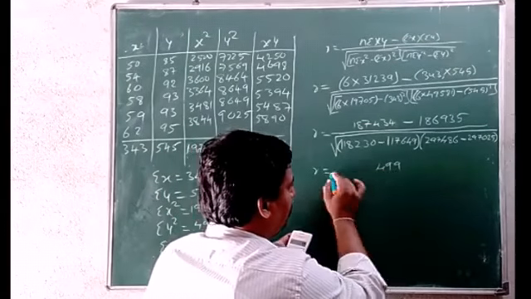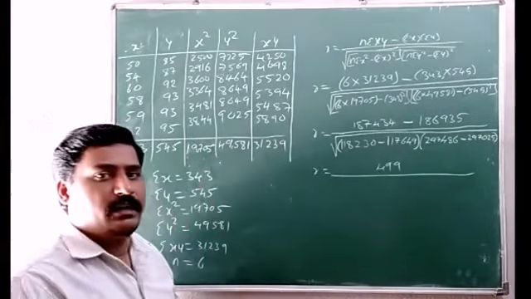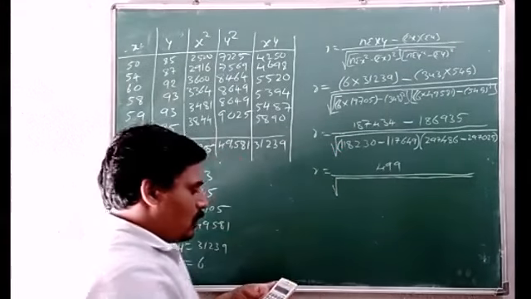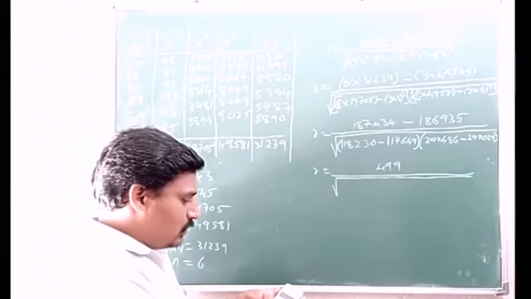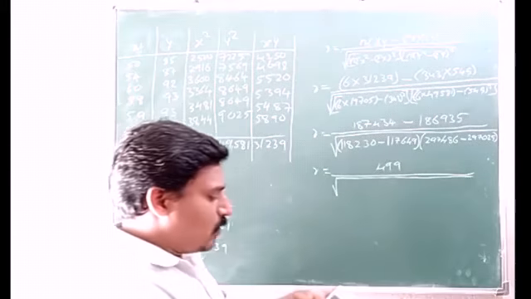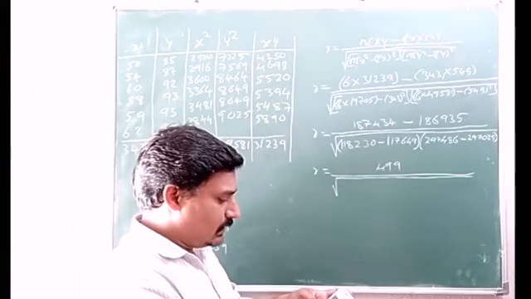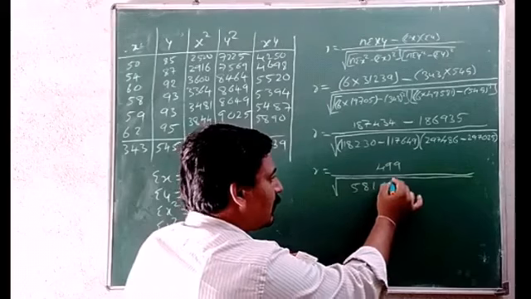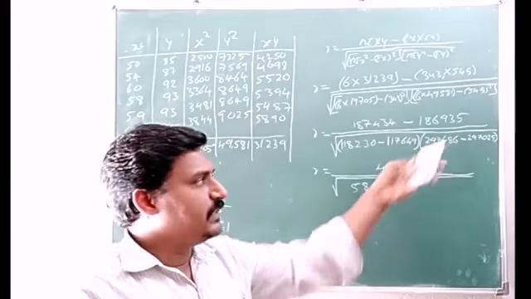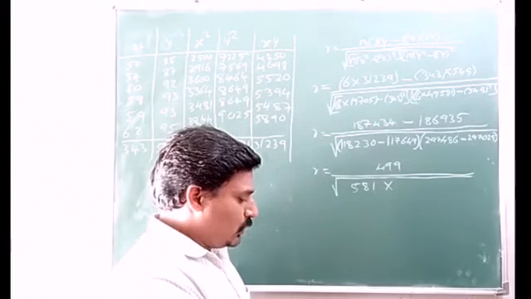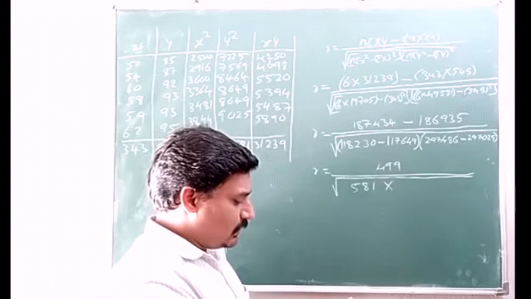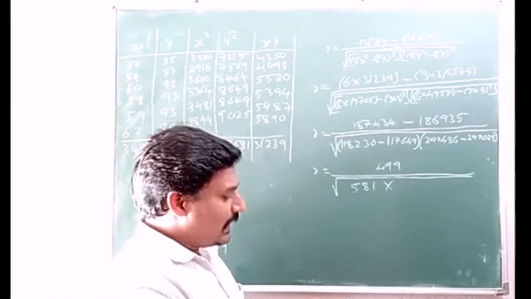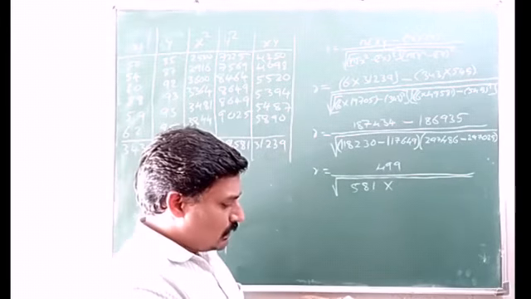499, whole divided by root of 1,18,230 minus 1,17,649, that is equal to 581 into difference of those two figures, 2,97,486 minus 2,97,025.